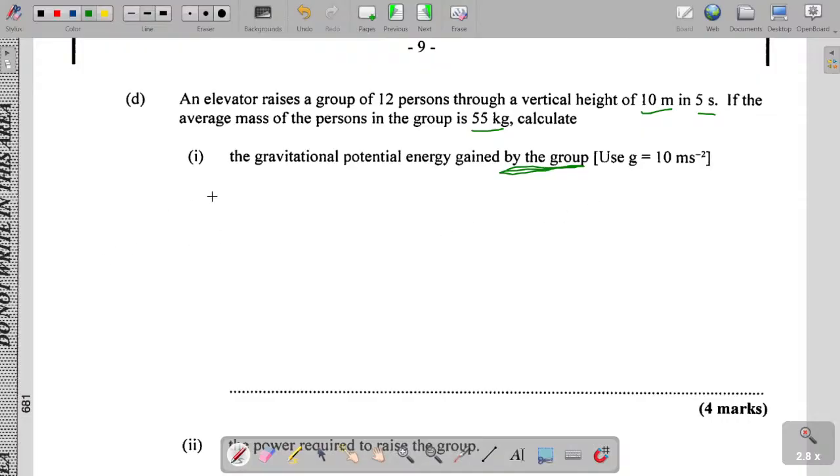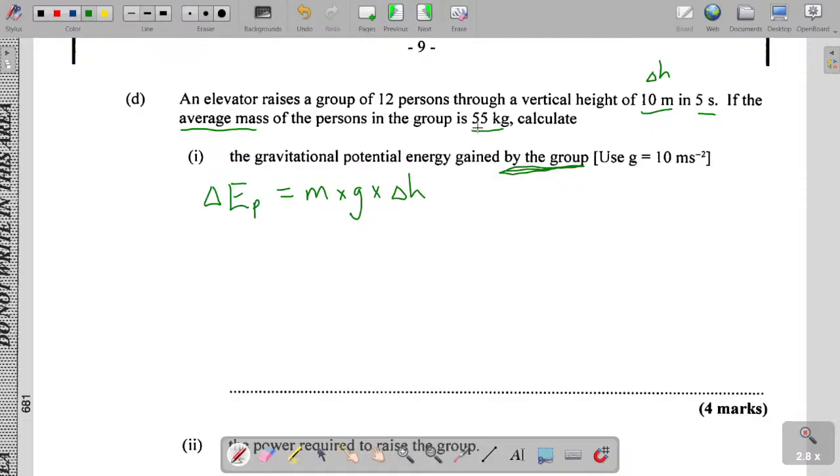Now we know that the change in gravitational potential energy is equal to m times g times the change in height, right? And in the scenario, we are given the change in height. We are given the average mass, so that means the average mass per person is 55 kilograms.